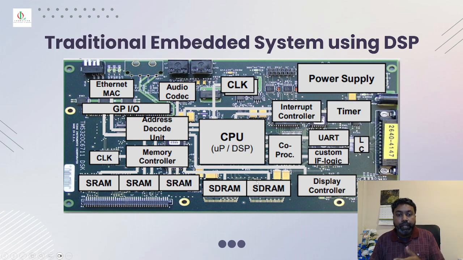It has the memory, SRAMs and SDRAMs. It has the display controller, the logic circuit, the memory controller. So everything is there and occupies a lot of space on one single board, and everything adds cost to it. So how are we going to use this to get a reduced design when you move forward with the FPGA?